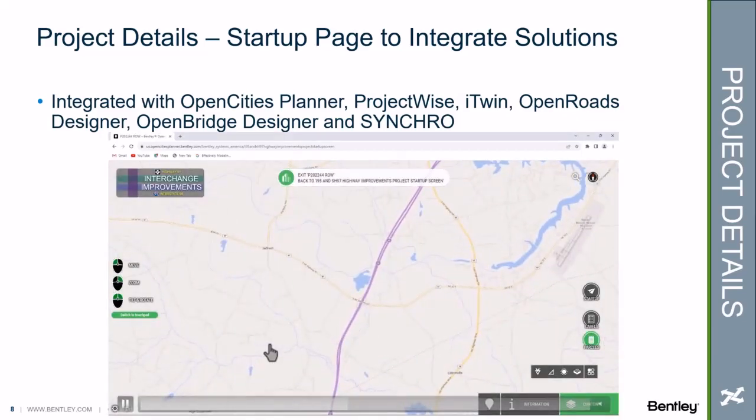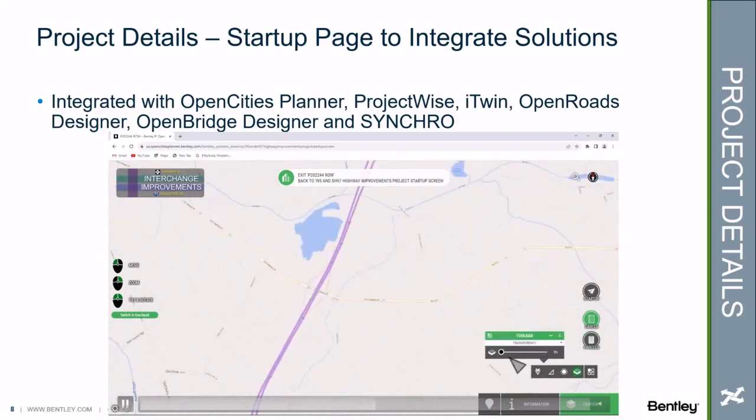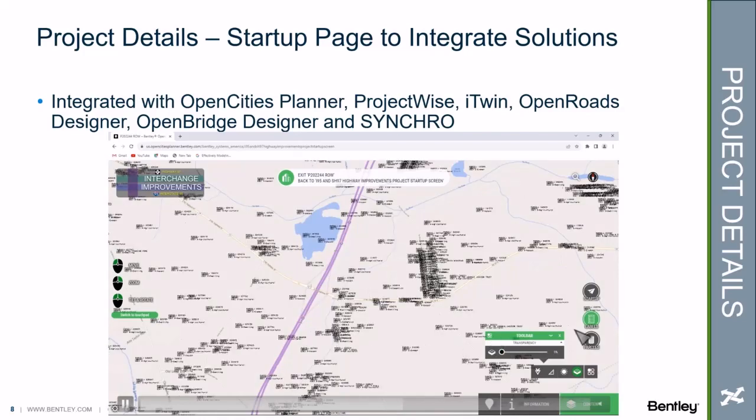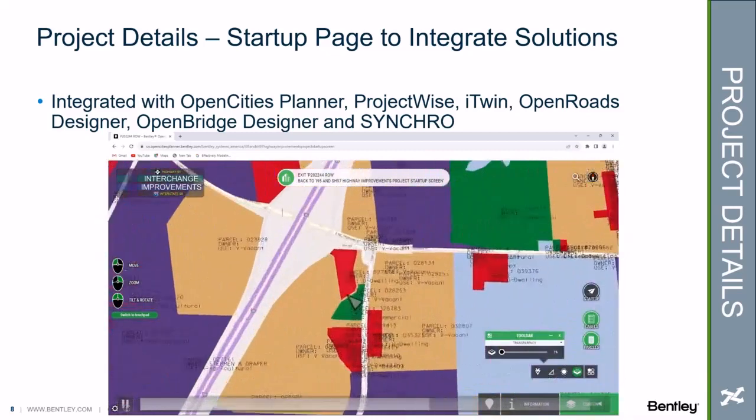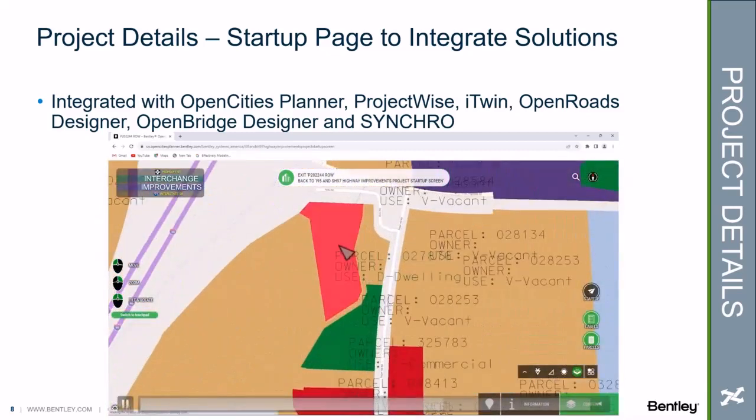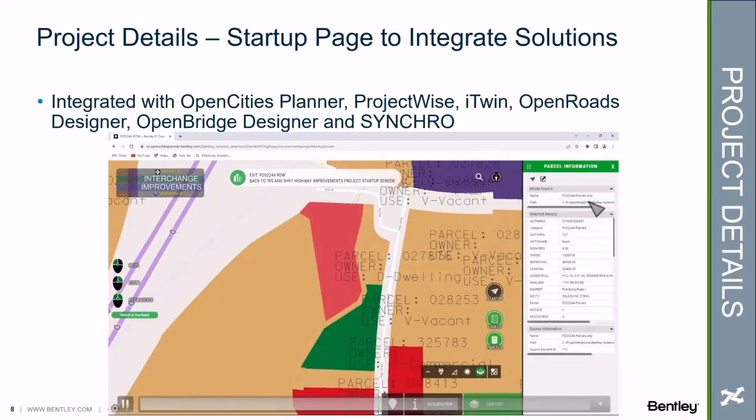So I'm going to jump over here to show a little bit of the Open Cities stuff. Inside of Open Cities here, we can see our project map. It also allows us to visualize our property information. So our parcels, all of our owner data, all that kind of upfront stuff that you would need on a project.